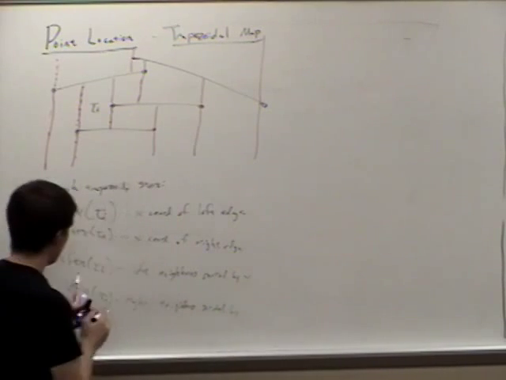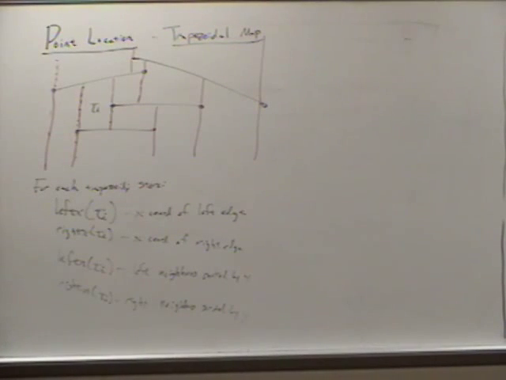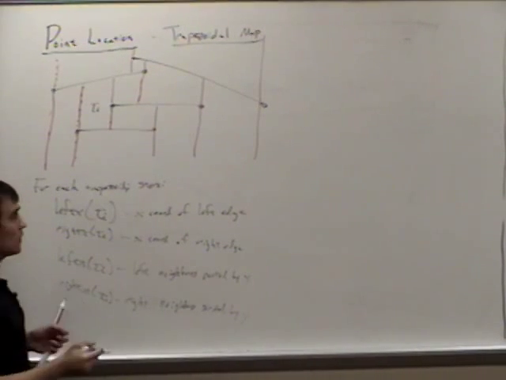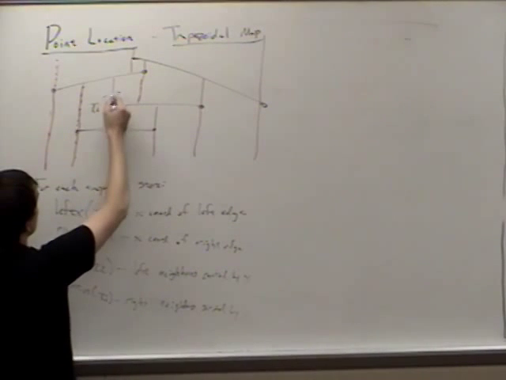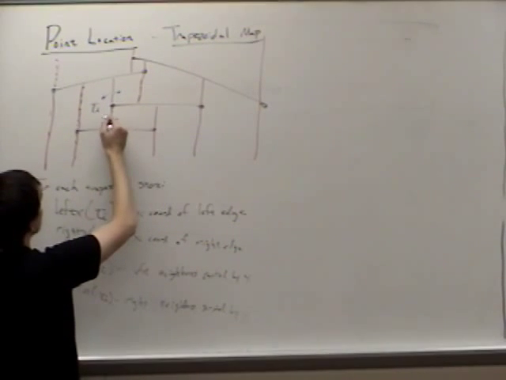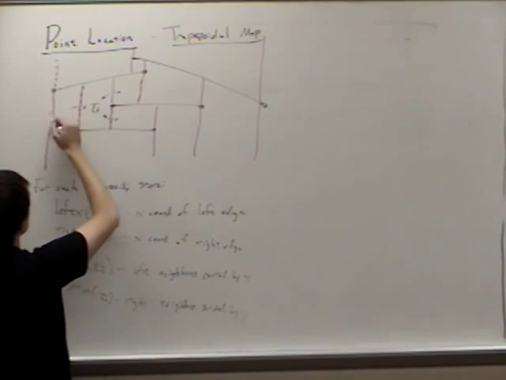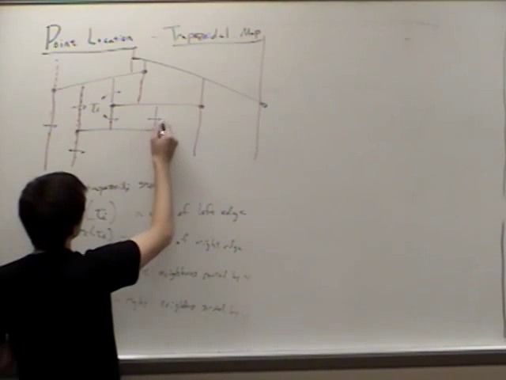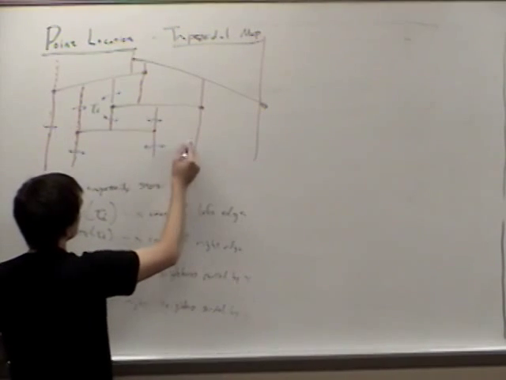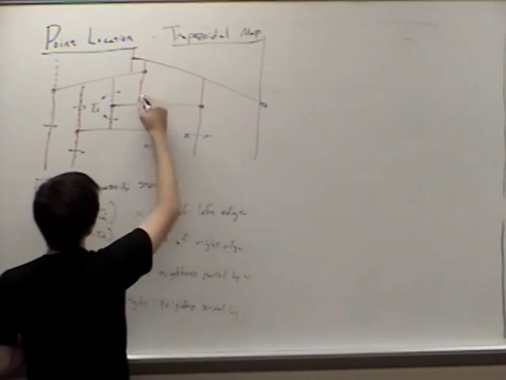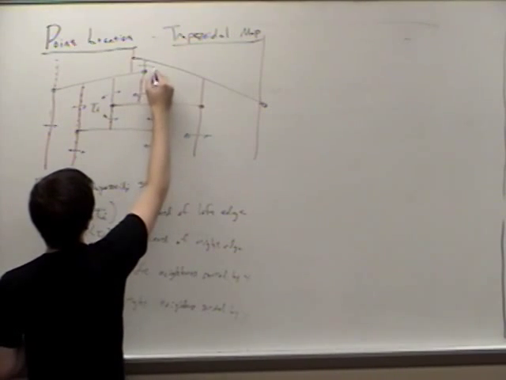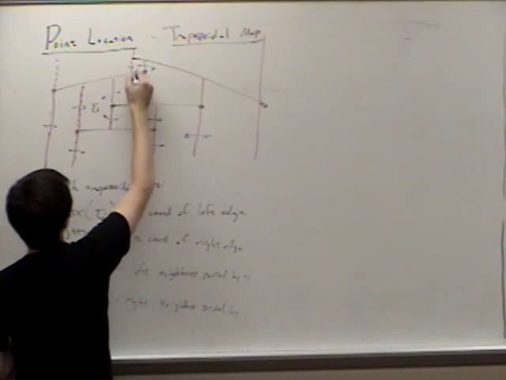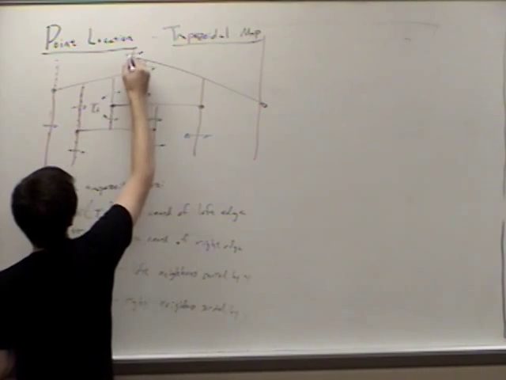What you can think of this as doing is building a little network on this graph here. We have connections going back and forth along each of these horizontal segments, and we can use this to quickly march along the horizontal direction of these trapezoids.